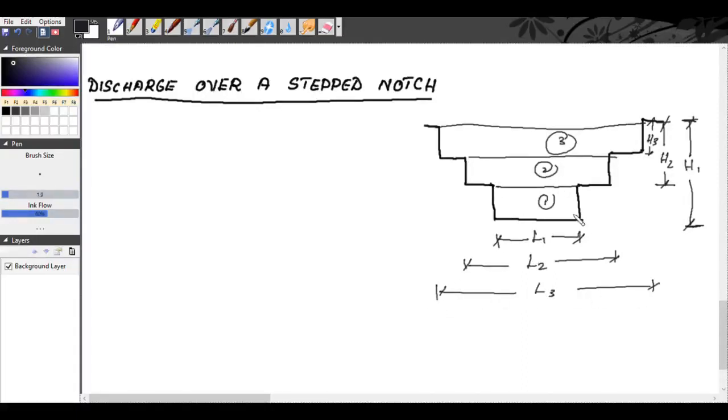So this length is taken as L1, L2, L3, and the heights H1, H2 and H3.